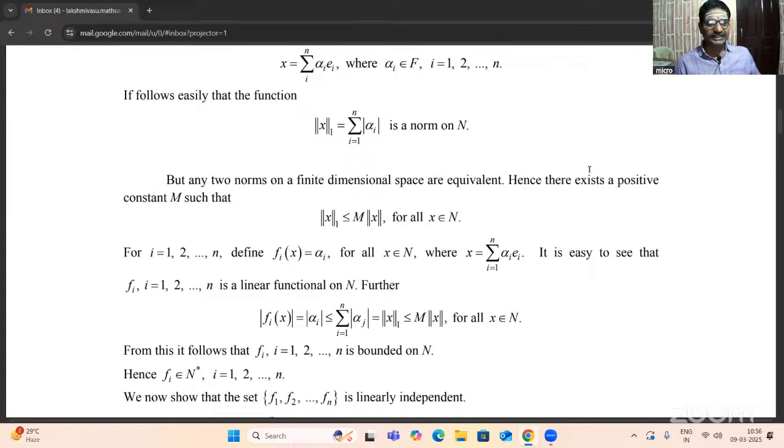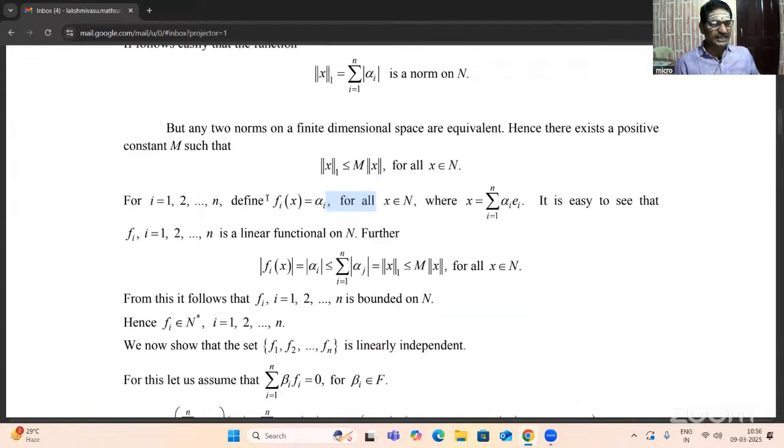And according to that, there exists a positive real constant m such that norm x at 1, the first norm of x, is less than or equal to m into norm x. Now, according to that theorem, one of the conditions is norm x at 1 less than or equal to m into norm x. Here, i varies from 1 to n. That's why f i of x equal to alpha i.